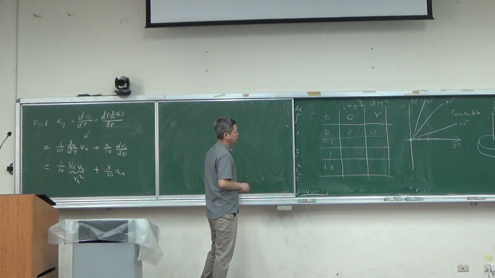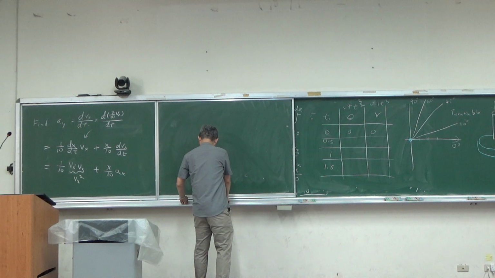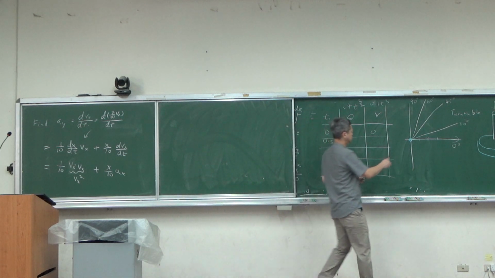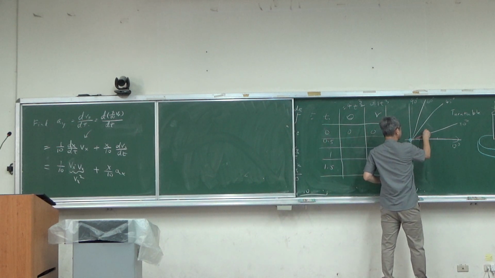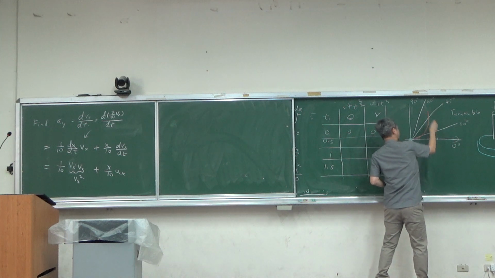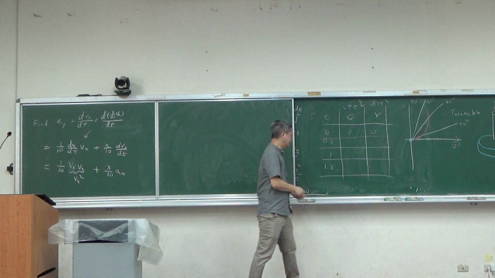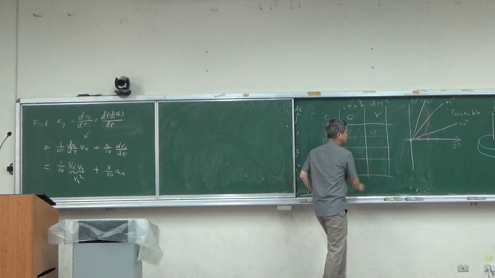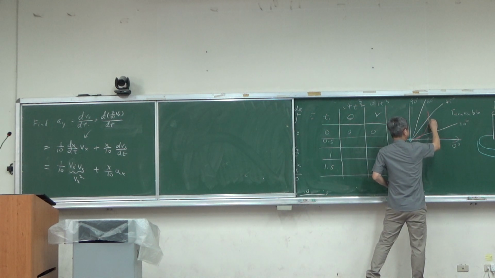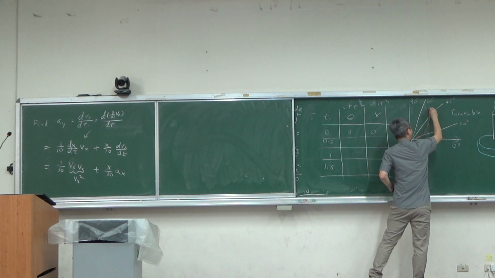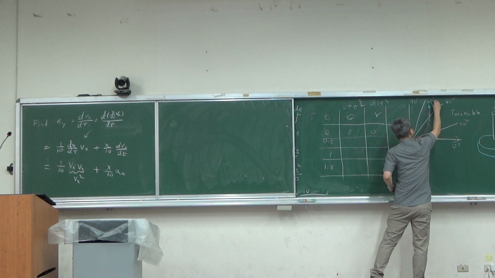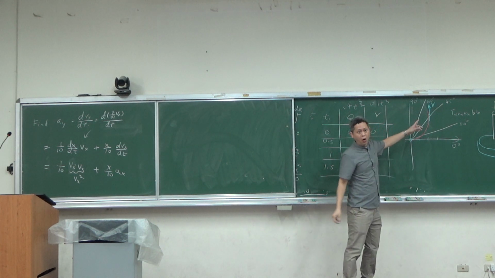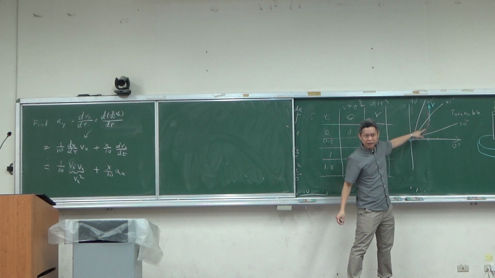What's the difference of polar coordinate? In case of polar coordinate, you have a tangential speed, always tangent to the trace.